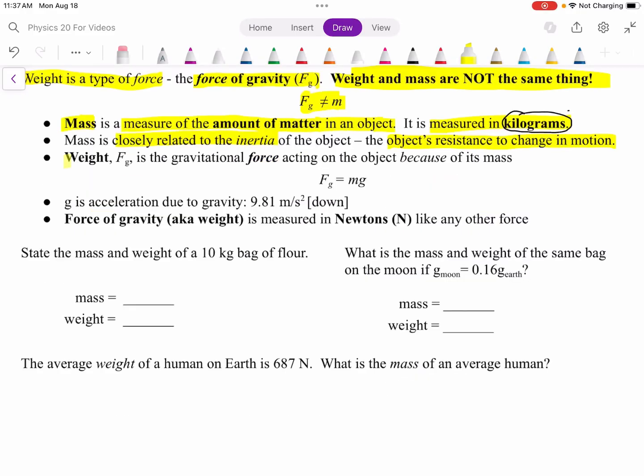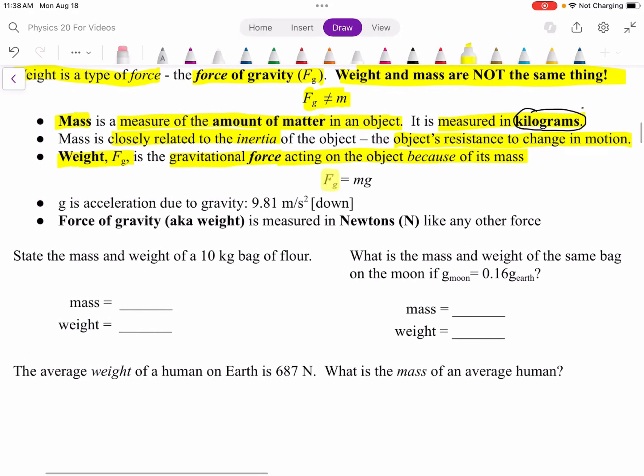Now, weight, the force of gravity, Fg for short, is the gravitational force acting on an object because of the mass that it has, okay? So force of gravity is equal to mass times acceleration due to gravity. We're going to start using the symbol little g for acceleration due to gravity, okay?